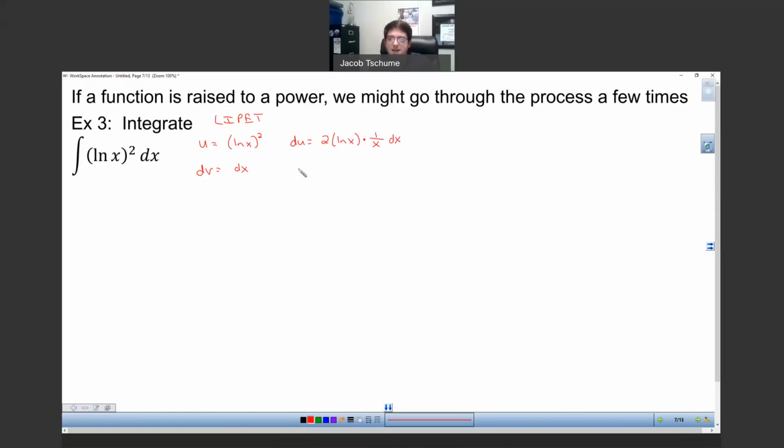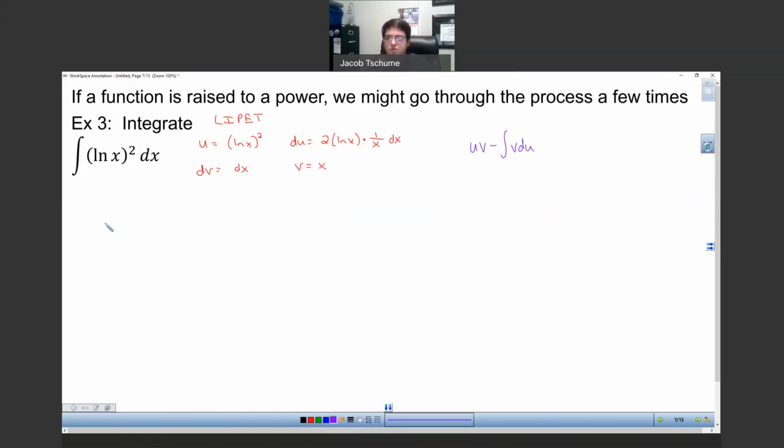And then your v would just be x. We can clean up du, but I'll clean up du when I actually use it here in a second. For now, I'll just leave it in this form. So once again, integration by parts is uv minus the integral of v du.